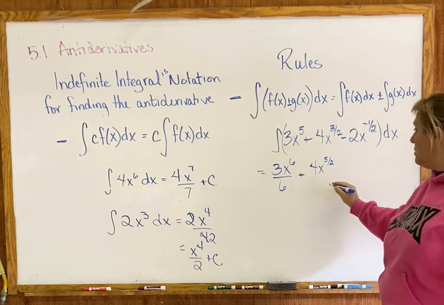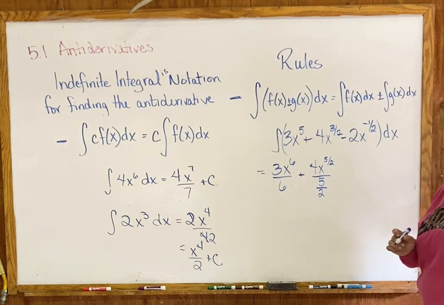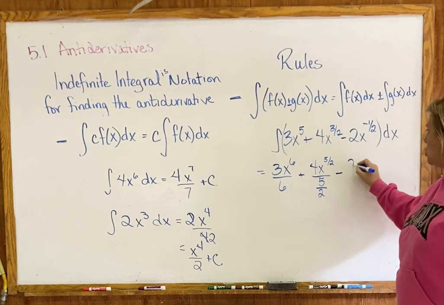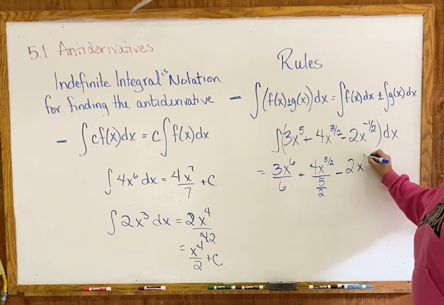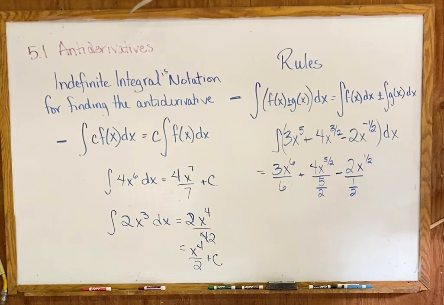Add 2 over 2 over 5/2. And now this one minus 2. And if we add 1 here, this is going to be positive 1/2 over 1/2, right? And we made it to the end of the list, so we'll just put C.